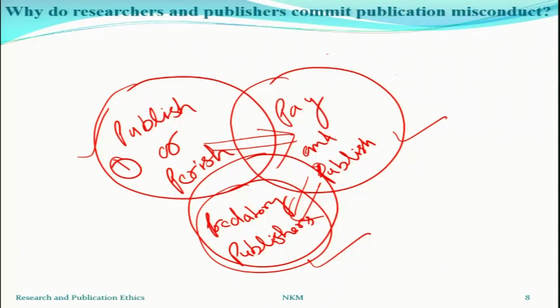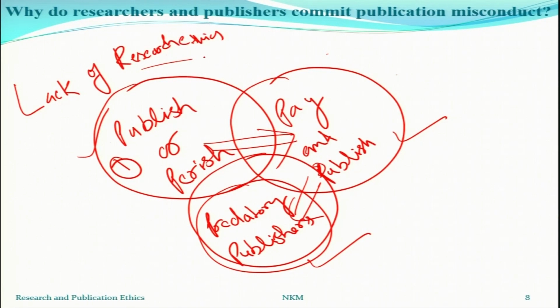When I was analyzing these points in the slide on causes of publication misconduct, we have to understand the major factor: there is a lack of research ethics in researchers.